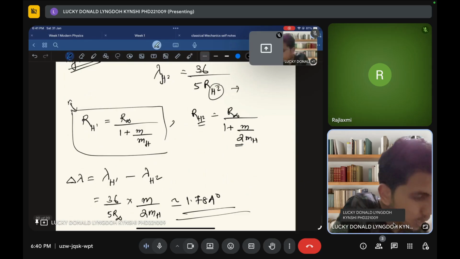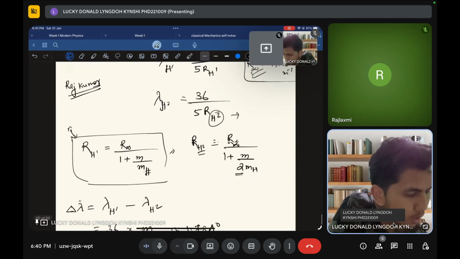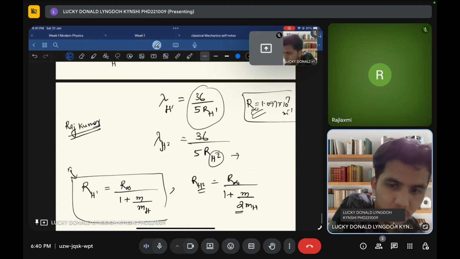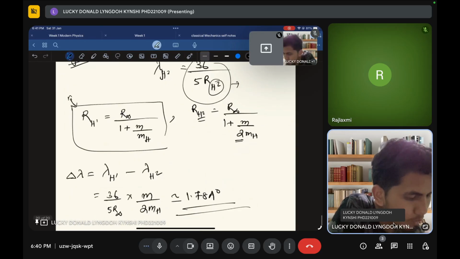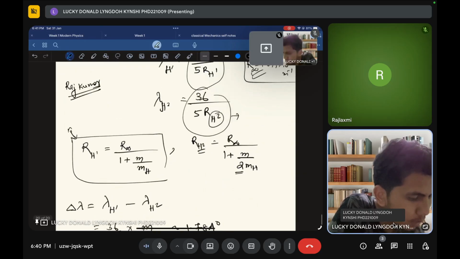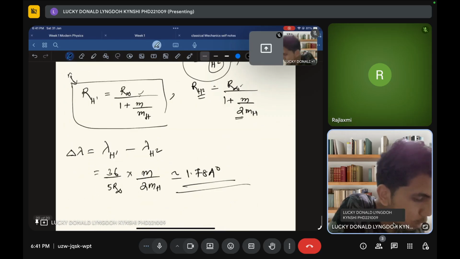What you need to do here is that for delta lambda, you replace lambda of H1 and lambda of H2 with these equations, and then you take common 36 by 5 of R infinity. R infinity and R infinity will be the same, right? Then you get this negative value, m divided by 2 times the mass of hydrogen.